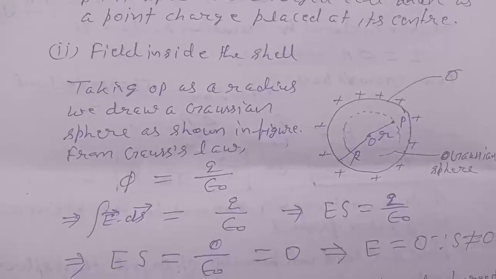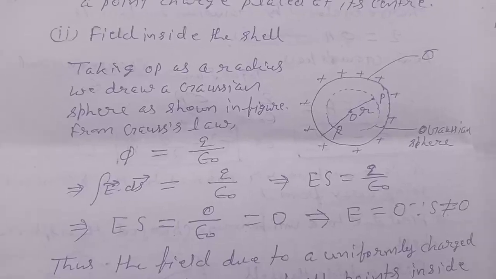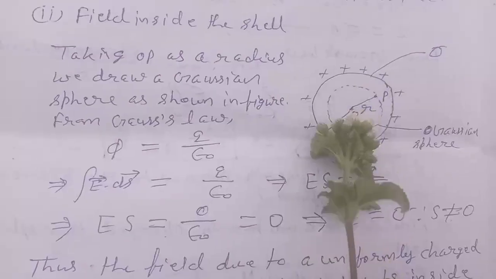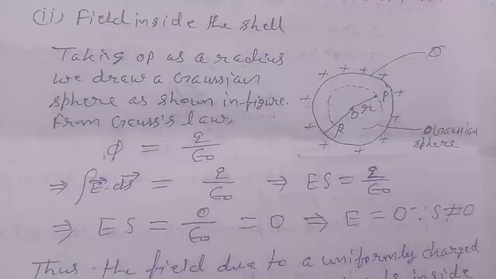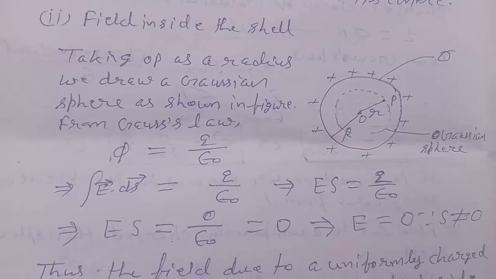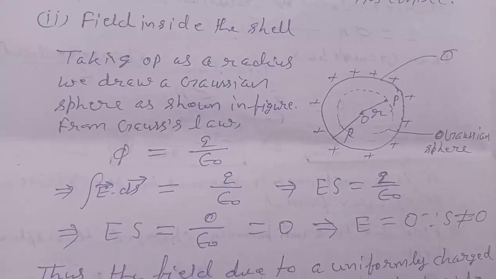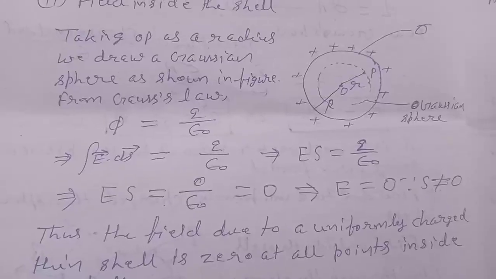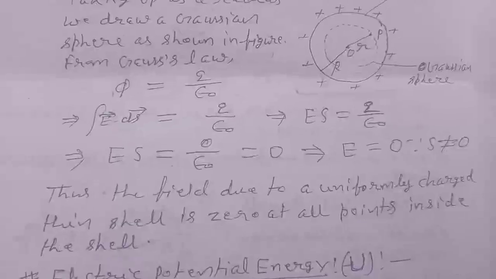Second, field inside the shell. Here a Gaussian surface is drawn inside the shell. Here it is shown, this dotted line, and point P is at a distance r from the center O. Taking OP as a radius, we draw a Gaussian sphere as shown in the figure. From Gauss's law, phi equals Q by epsilon naught.